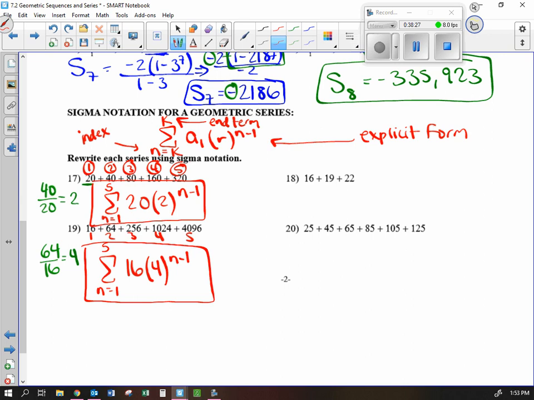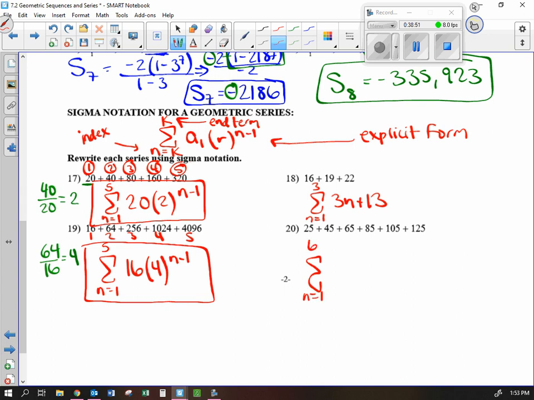Moving to 18, honestly, I would do these on your own quick. I'm not going to explain them further than just writing the series in sigma notation form. But it is going to be n equals 1, 3, and then 3n plus 13. And then number 20, we have 1, 2, 3, 4, 5, 6.